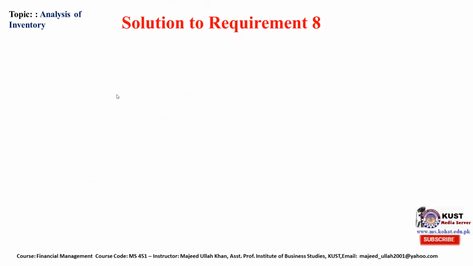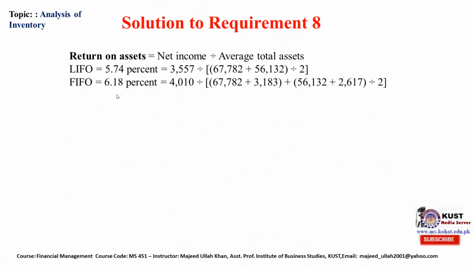What would happen to the return on asset? Return on asset can be calculated as net income divided by average total asset. Net income increases under FIFO method. That is 6.18% and that is 5.74%. This is what happened to the inventory: inventory increases, so total asset increases, divided by 2, that is average assets.